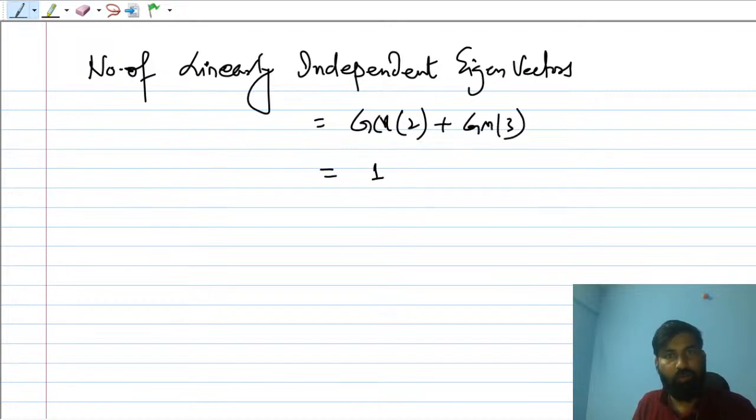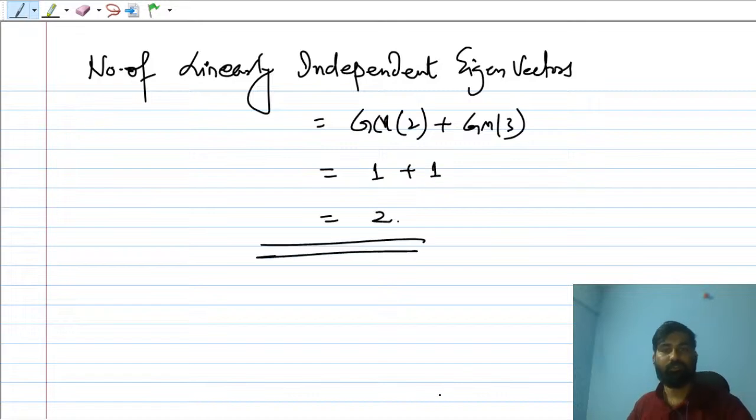GM of 2 is 1, GM of 3 is also 1. The answer will be 2. I hope this makes sense. Remember, this is a very important concept. If you don't know the concept, you cannot solve this question. It was a very good question in fact.